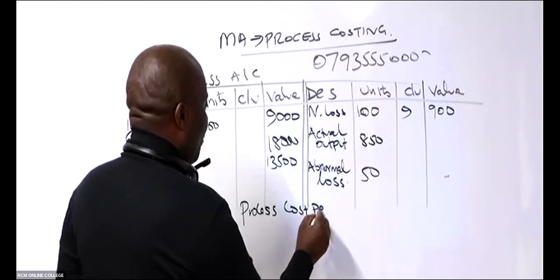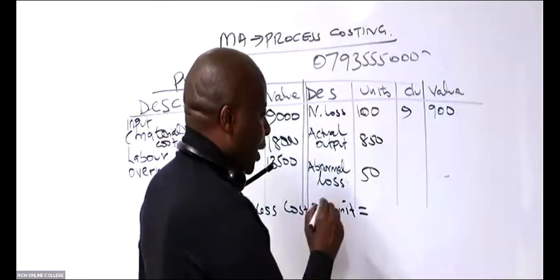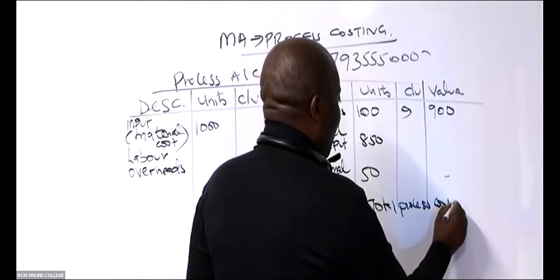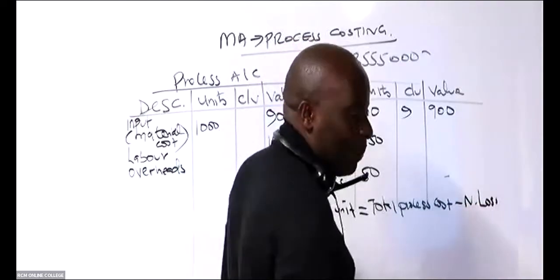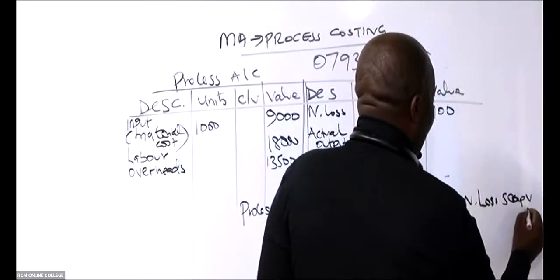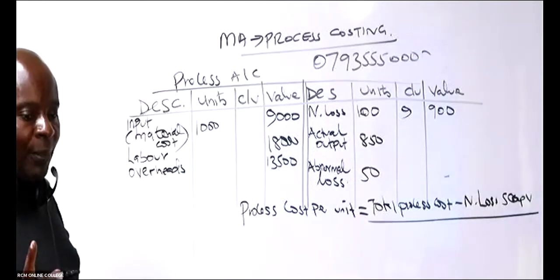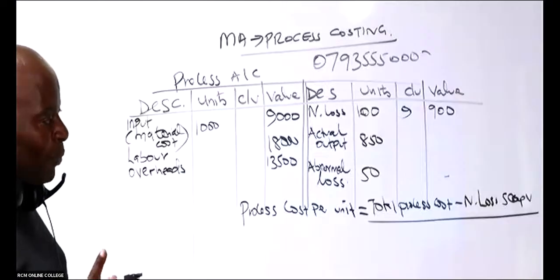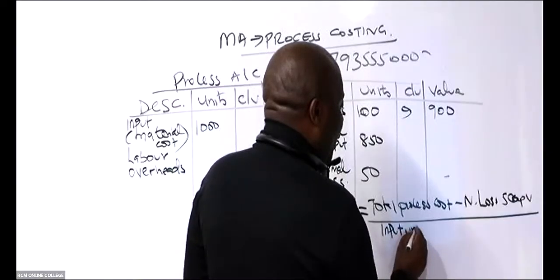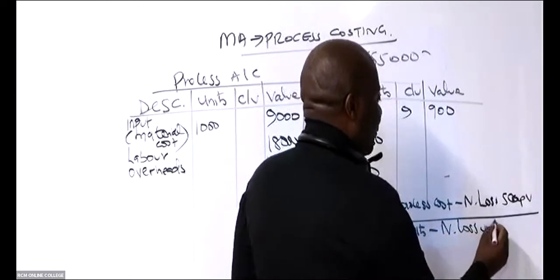Process cost per unit. I'm able to remember this very well. We said we take the total process cost minus normal loss scrap value, all over, please listen, I'm bringing in something new because now we are becoming professionals, divided by input units minus normal loss units.